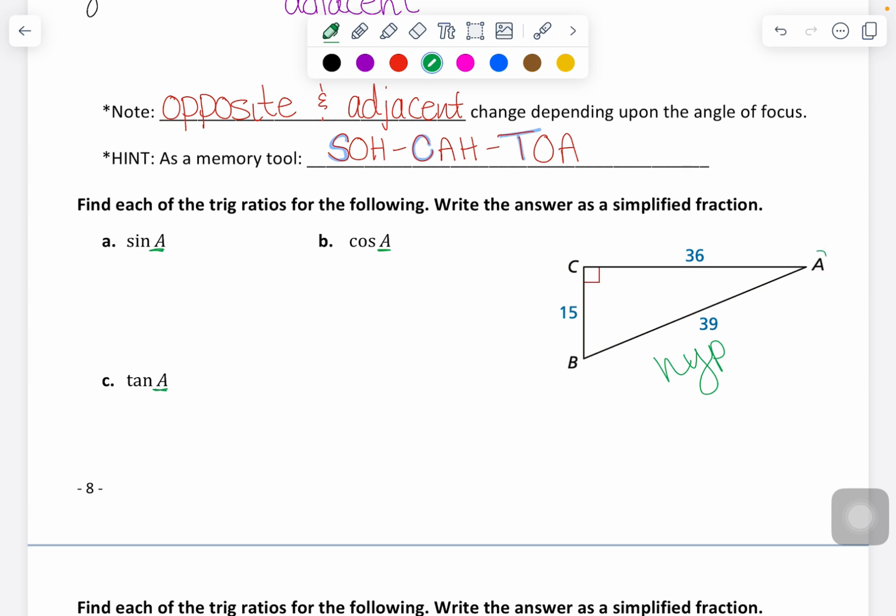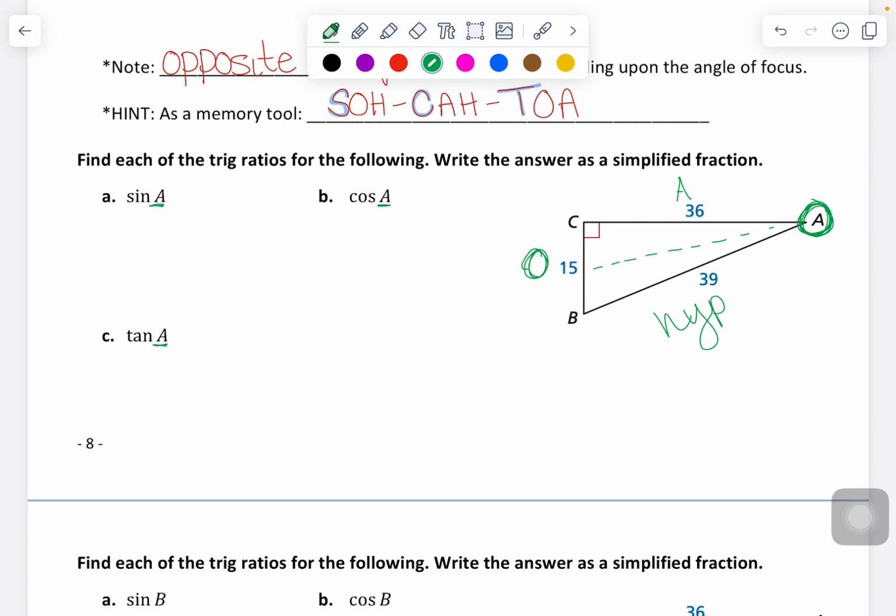Opposite has to be across from the angle you're focused on in your ratios. Since A is our angle, go across the triangle to get to the opposite. So that's O, and this would then be A.